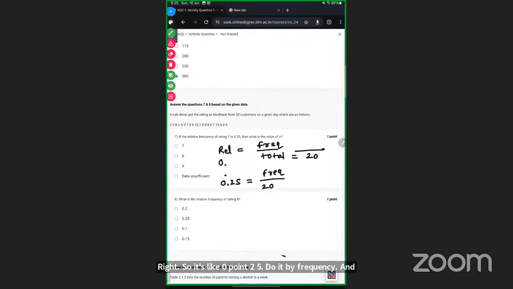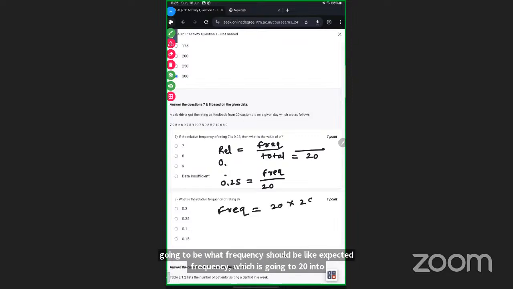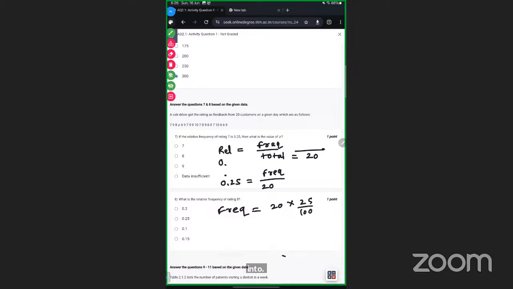So from this you can find what the expected frequency should be, which is going to be 20 into 25 divided by 100, something like this. So this is going to be 5, right?